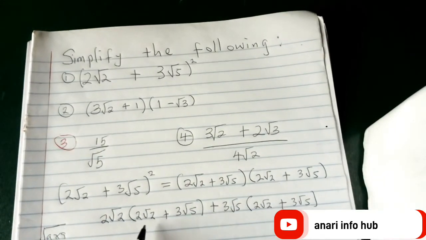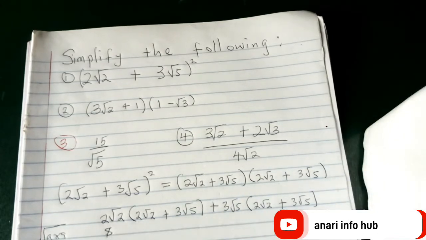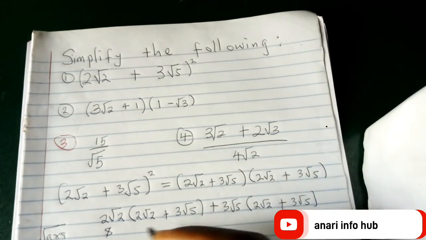Let's apply that here. This is √2, this √2. So we have 2 times √2 times √2 gives us √4, that is giving us 2. So we have 2 times 2 here, which is 4. Then 4 times 2 gives us 8.